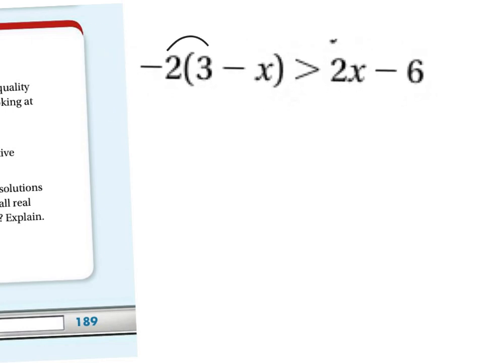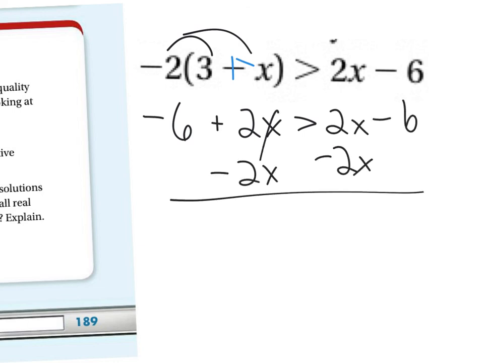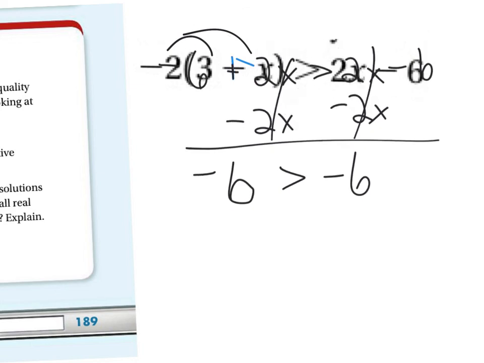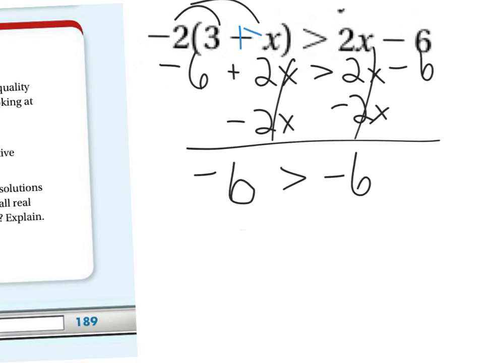So if we distribute first, you can add the opposite here. Subtract 2x on both sides. And we come out with negative 6 is greater than negative 6. Well, a number is not greater than itself, so this actually would have no solution.